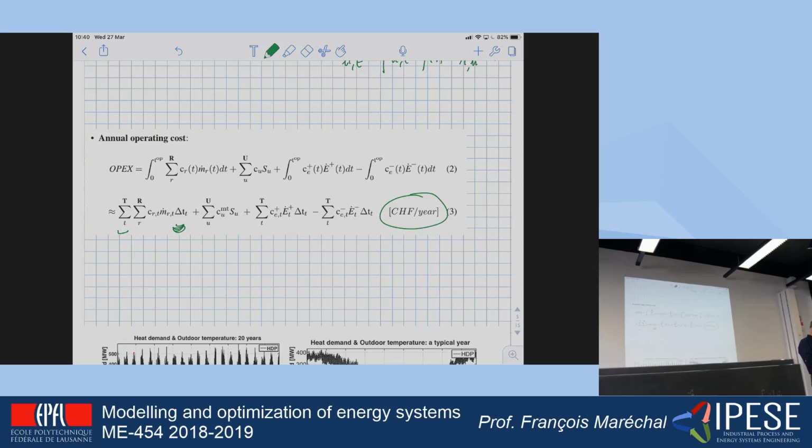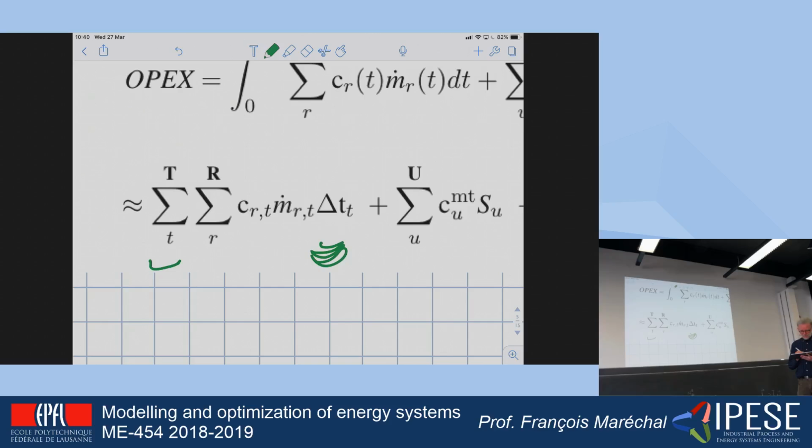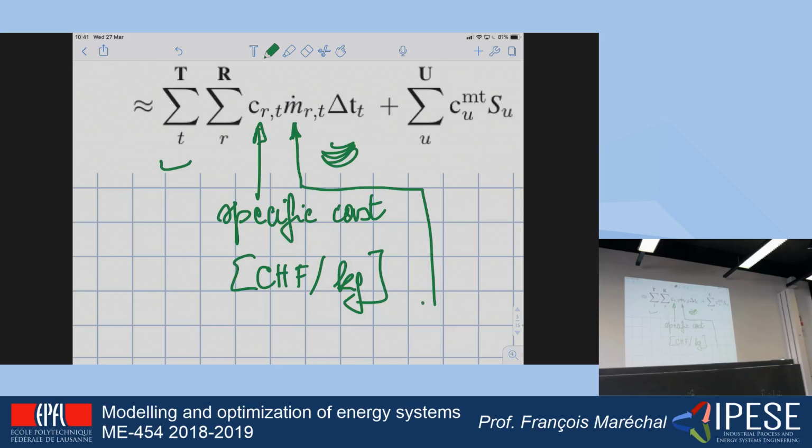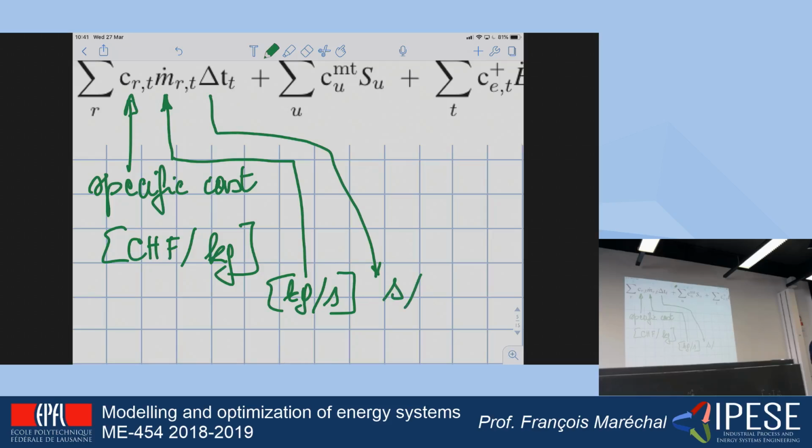I have to consider the duration of each typical time, multiplied by two elements: the specific cost, for example in Swiss francs per kilogram, which I'm going to multiply by the flow, in kilograms per second, and then by the seconds per period. So it's seconds per year, in fact.